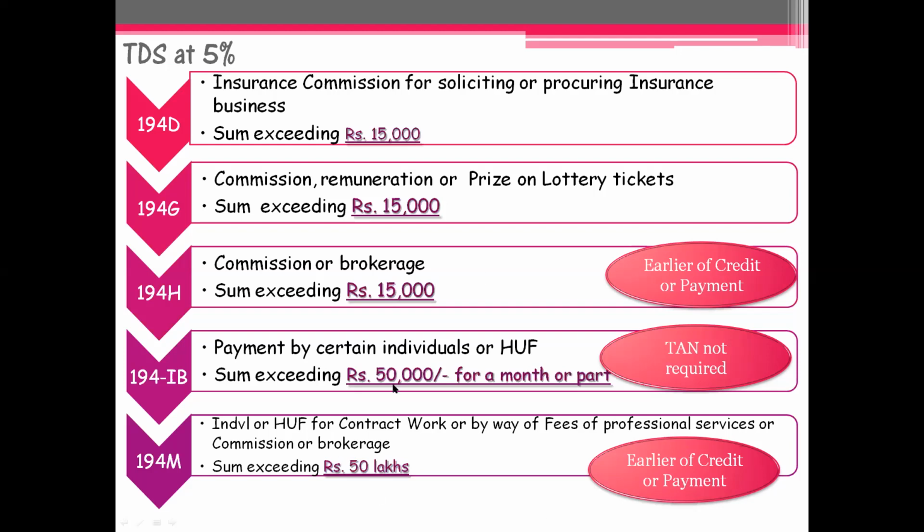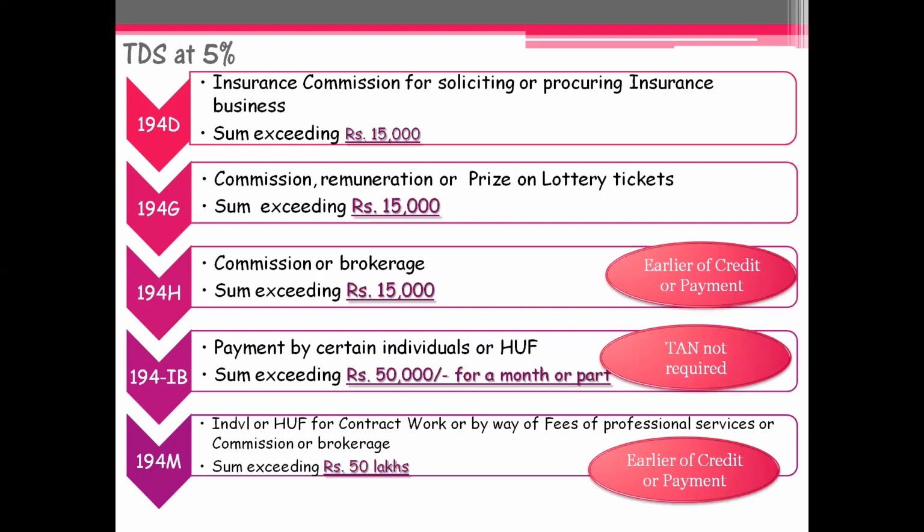Next is 194IB, payment by certain individuals or HUF. In general, the applicability of TDS provisions, say 194H or any other provisions, is only if tax audit is applicable, that is, your turnover is more than 1 crore, or in case of a profession, your gross receipts are more than 50 lakhs.